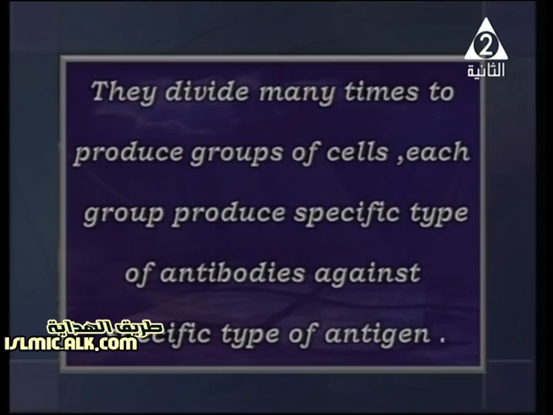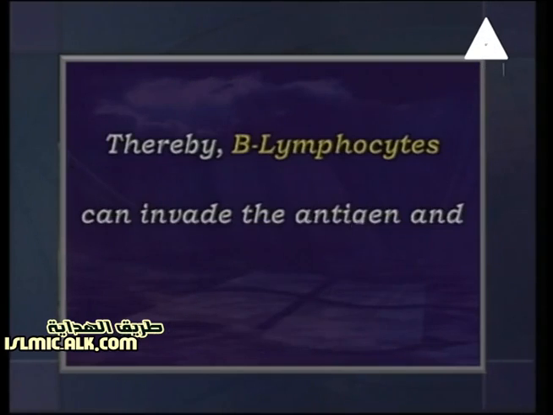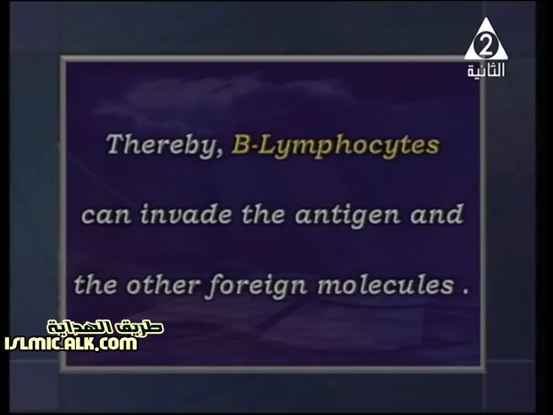Again, they divide many times and produce groups of cells, each group producing a specific type of antibody for each antigen. So each antigen has its own antibody and so on. But what else? The B lymphocytes can invade the antigen, and the other foreign molecules can also invade them.